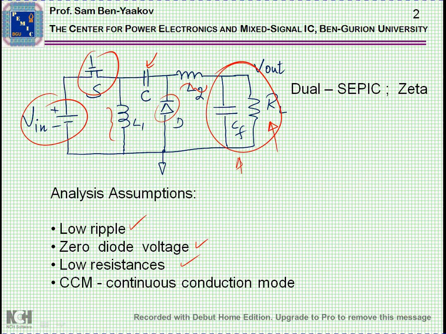The resistances are low, and finally that the operation is in the continuous conduction mode, namely that the current of the inductor never comes to zero, but rather the inductors have currents of this shape, that is, it does not go to zero. This will be an inductor current. This converter is called dual SEPIC or Zeta.